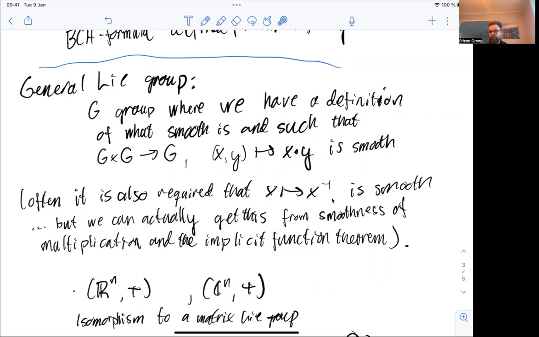When it's defined properly, you can actually deduce that the inversion has to be smooth from the fact that the multiplication is smooth. But we won't go into that. So the point is, at least remember that the multiplication is smooth, and then the inverse has to be smooth, but this is actually a consequence of the multiplication being smooth.